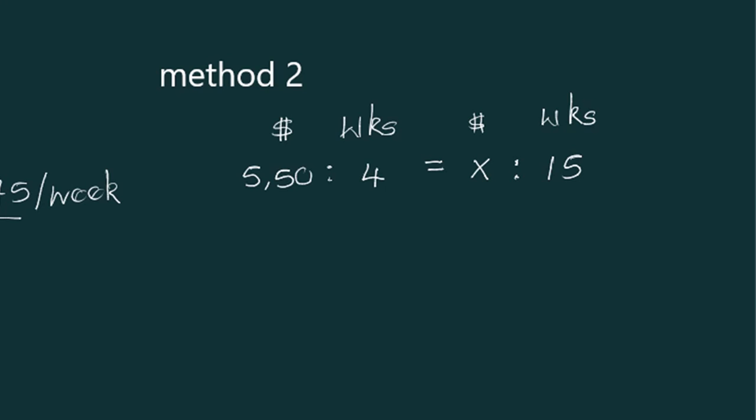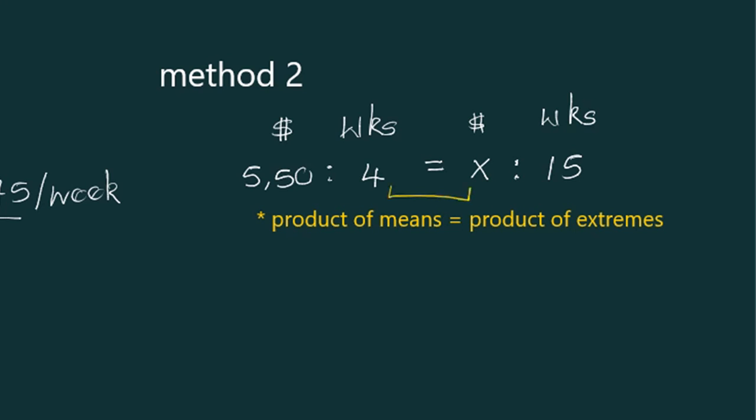These two are in proportion to each other because we are saying at the same rate, so that means they are proportional. Remember, the product of the means is equal to the product of the extremes, right? So our means, 4 times x, should be equal to the product of our extremes, that is 5.5 times 15.